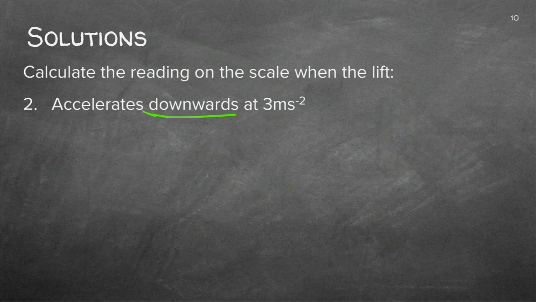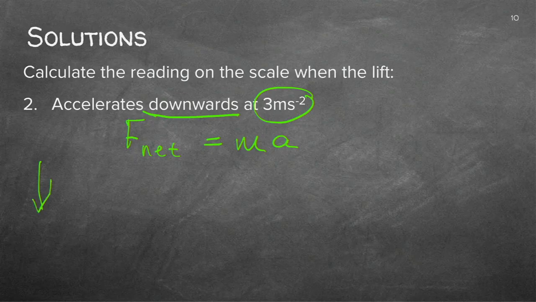It's now going downwards at 3. Newton's second law says I can have a net force, and I've got that on the mass. So what we have here is downwards, so the Fg will be greater than the T. Fg minus T equals 80a.